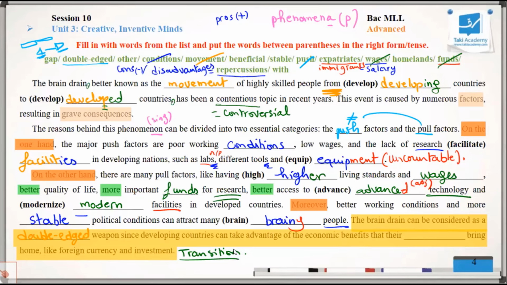So let's then write the missing word. So it has, like developing countries can take advantage of the economic benefits that they bring home. Who brings advantages home? Yes, the expatriates. Like, what do they bring? They bring foreign currency and investment. And this is my transition.